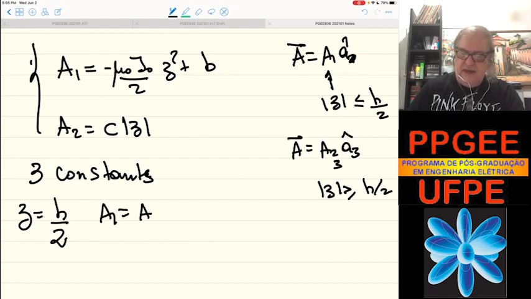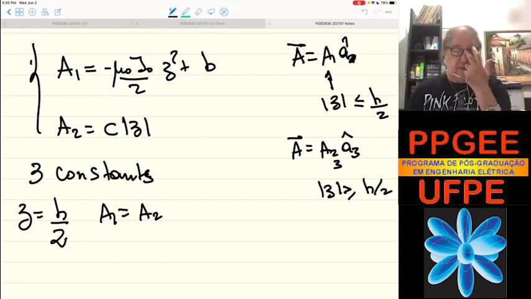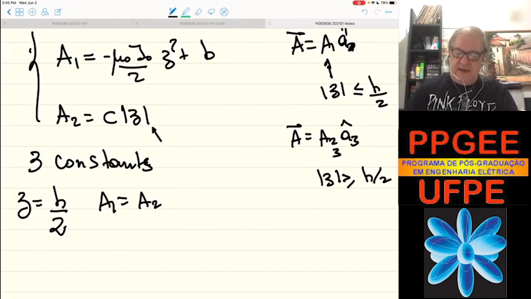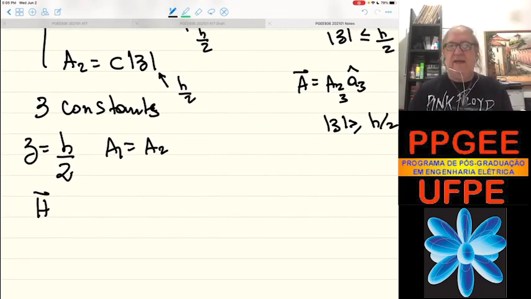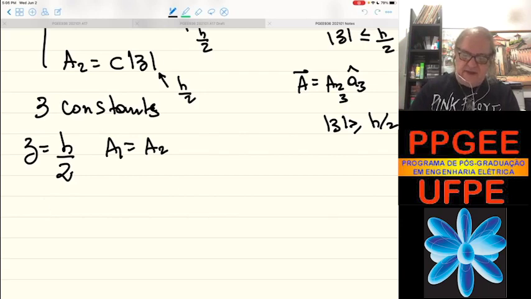A1 equals A2 because the vector potential is continuous. So all we have to do is make Z equal to H over 2 in these expressions. The second condition is on H. We don't have any component normal to the boundary, but we have a tangential one.